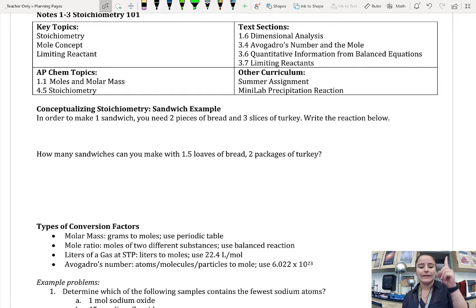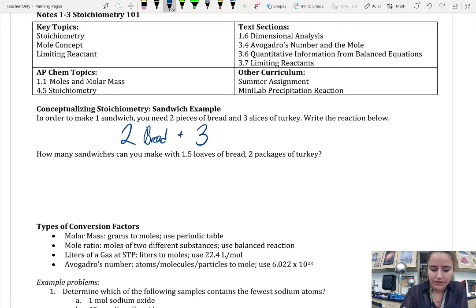In order to make one sandwich, I need 2 pieces of bread and 3 slices of turkey. We have a very boring sandwich, but that's what's on it. So if I was going to write that reaction, I would say 2 bread plus 3 turkey equals 1 sandwich.